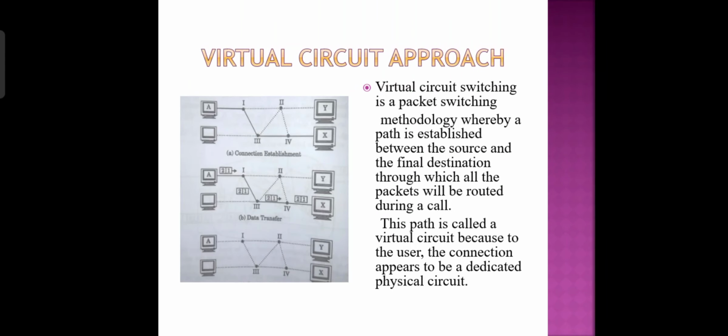Whereas in the virtual circuit approach, the relationship between all packets belonging to a message or a session is preserved. A single route is chosen between the sender and the receiver at the beginning of the session. When the data are sent, all packets of the transmission travel one after another along that route. Virtual circuit transmission is implemented in two formats: switched virtual circuit, known as SVC, and permanent virtual circuit, known as PVC.